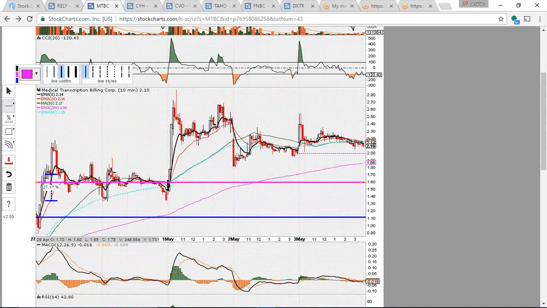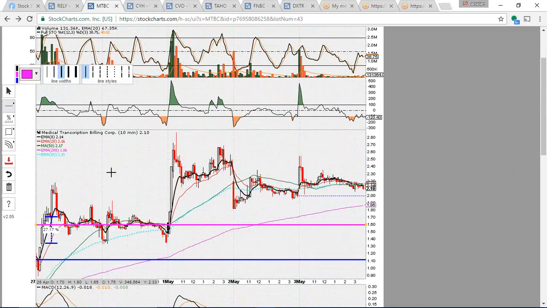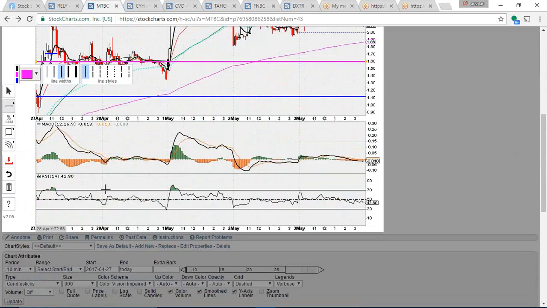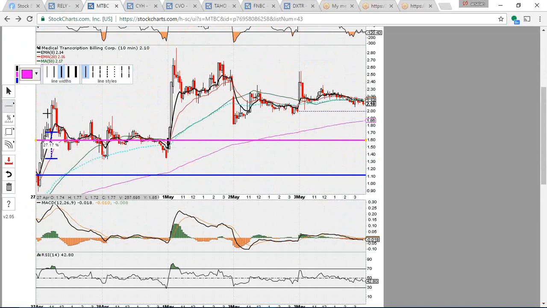But do I see any confirmation on that? Stochastics up here, below 100. Barely one green candle on the volume. Look at RSI towards the middle, which is okay. But you would have bought it probably 30 minutes in. There's the white box.